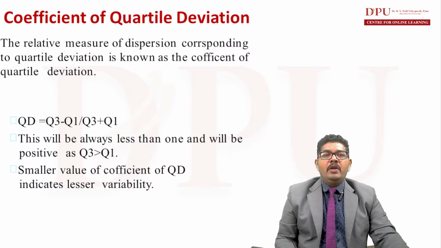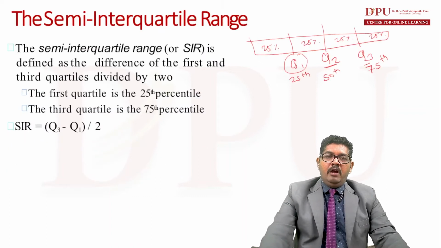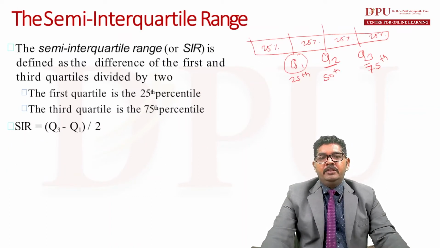Then there is something called the coefficient of quartile deviation, the relative measure of dispersion. This particular semi-interquartile range or the quartile deviation is not a relative measure. Why is it not a relative measure? Because the values are not so consistent, so we cannot compare two groups of data by using the quartile deviation or semi-interquartile range.